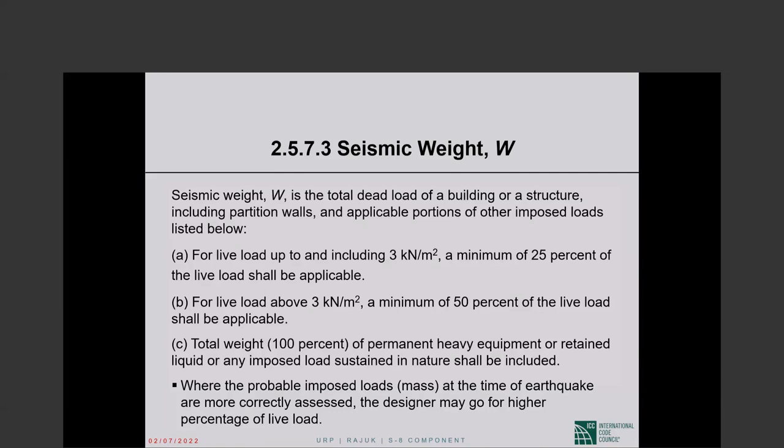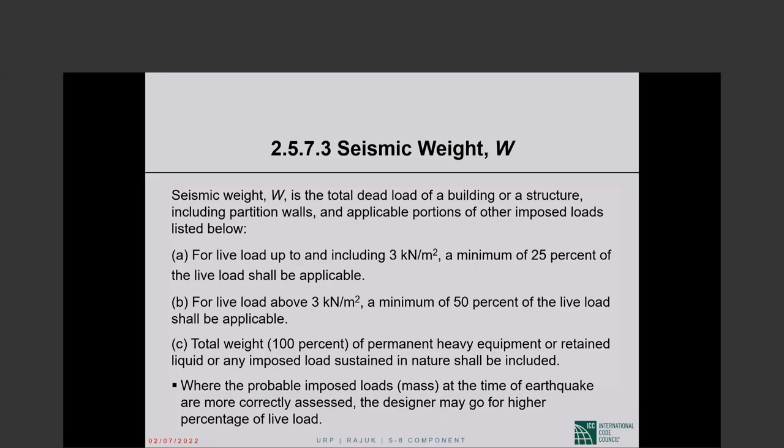Total weight of permanent heavy equipment or retained liquid or any imposed load sustained in nature shall be included, where the probable imposed loads at the time of earthquake are more correctly assessed. So where the probable imposed loads at the time of earthquake are more correctly assessed, the designer may go for a higher percentage of live load.